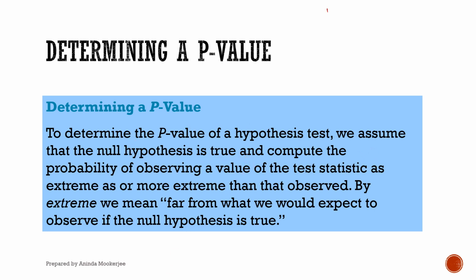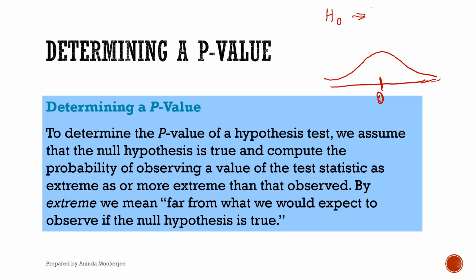Therefore, in our curve, the null hypothesis should be placed at the center, the null hypothesis mean. And then we compute the probability of observing a value of the test statistic as extreme or more extreme than that observed value.